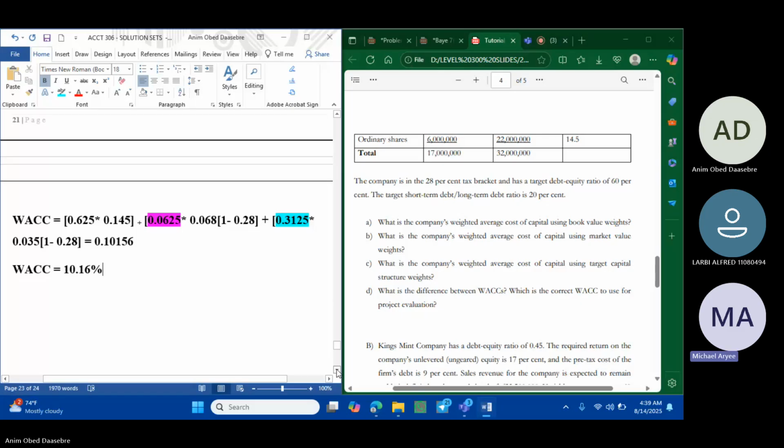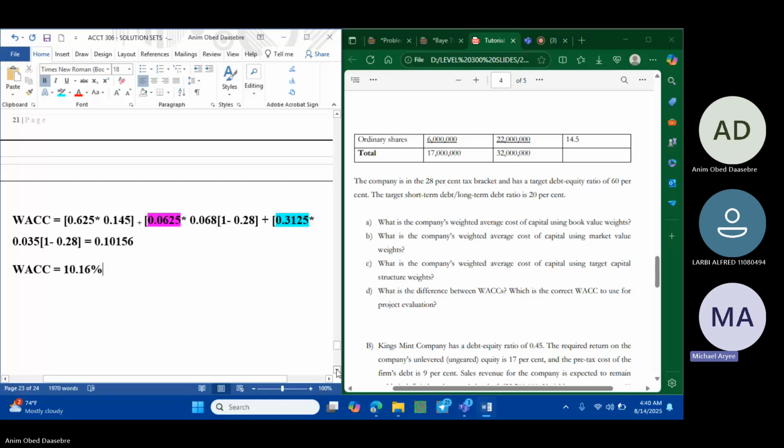Yeah, hello sir. So the differences in the WACCs, per my understanding, give you a clear picture of which of the costs of capital to go for in the project, which one will be more convenient in terms of using it and getting the project done.